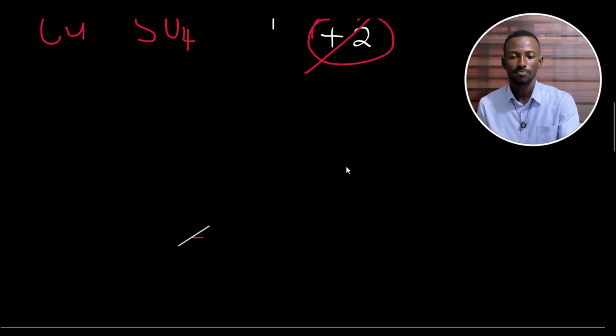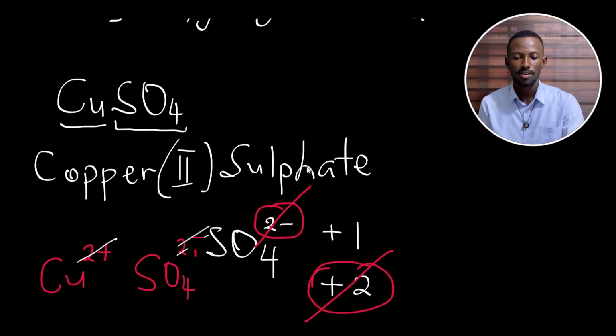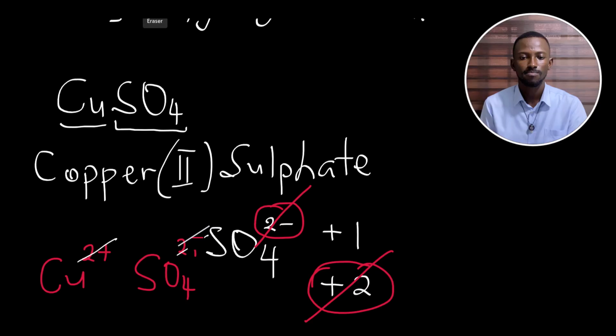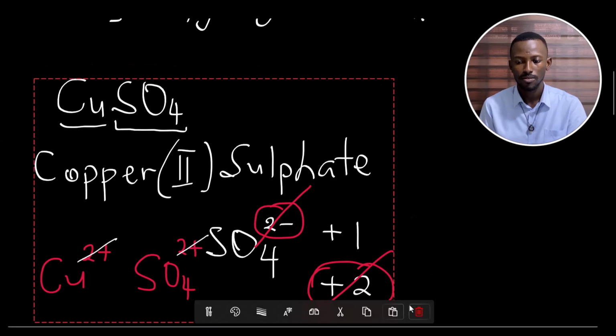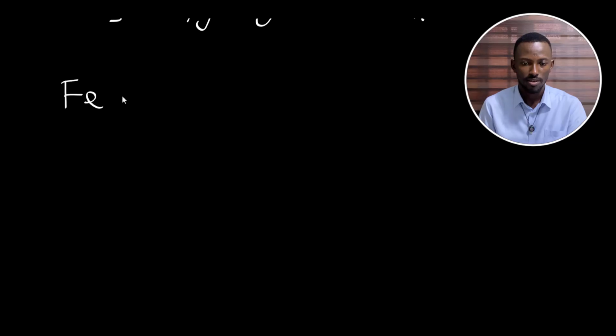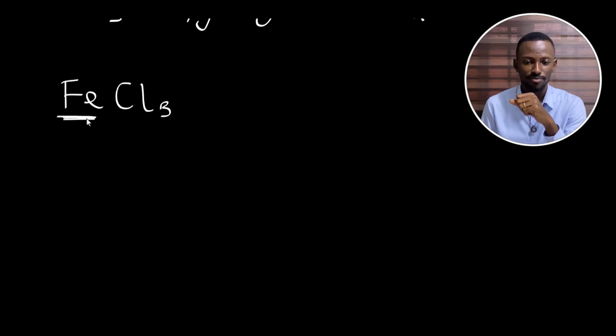FeCl3. Let me clear this side. FeCl3. Good. For this particular example, we do not have a polyatomic ion present, but we have ions present here.